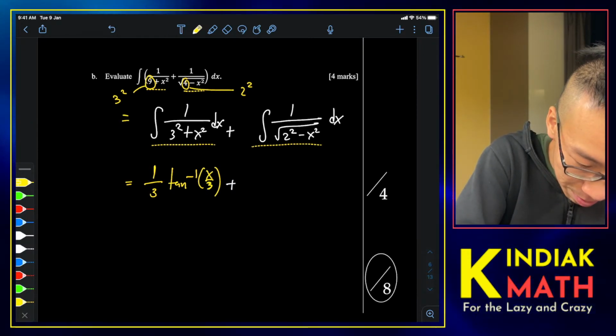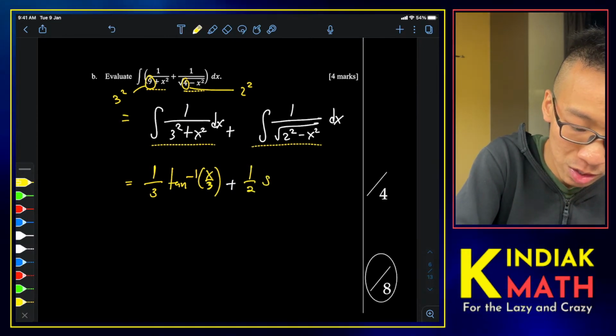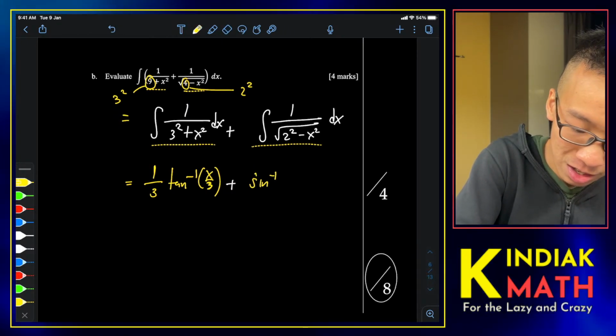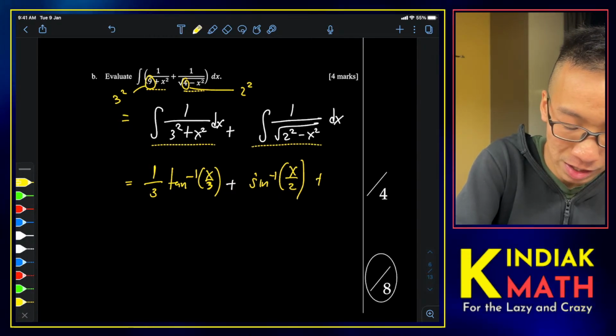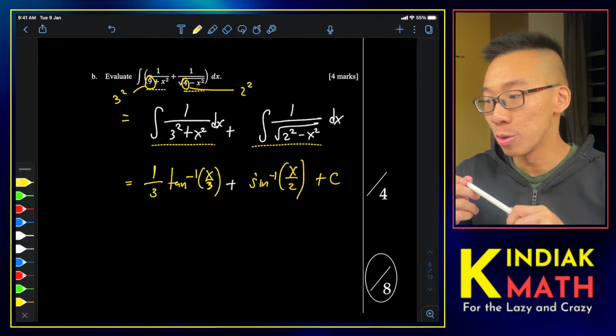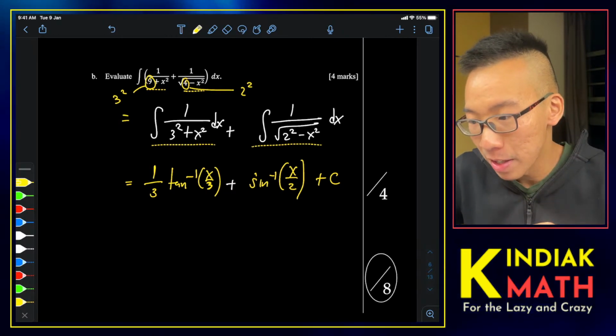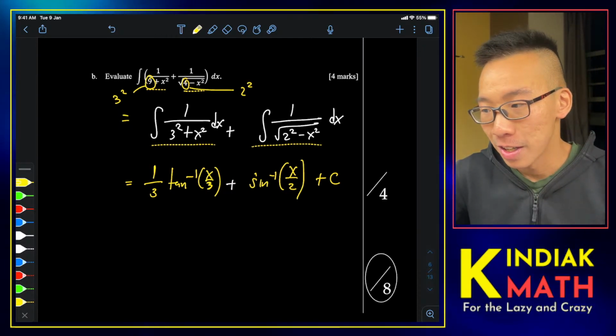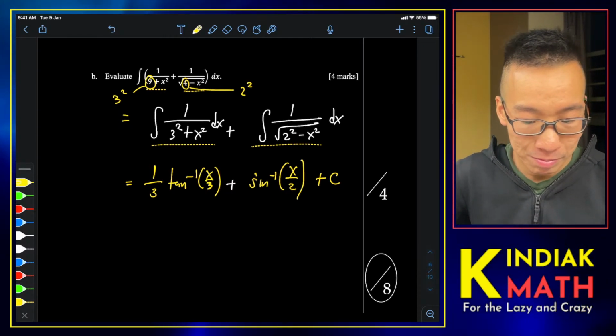And the second one simplifies to, oops, no 1 over 2, it's just sine inverse of x over 2. Finally, you want a plus c as well. So it's a quick use of the sufficiently basic integrals that we might be familiar with at this level.